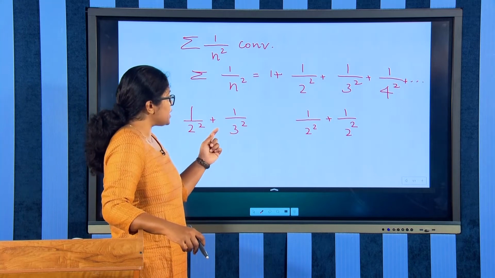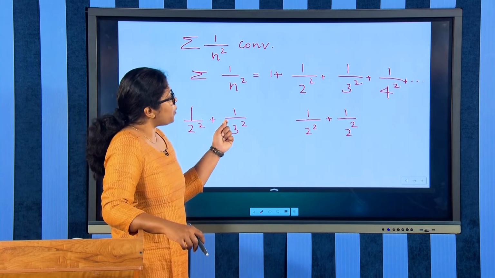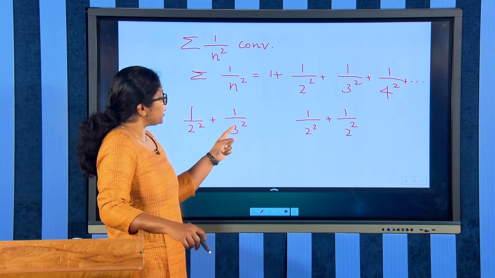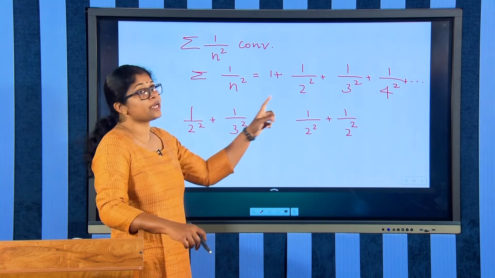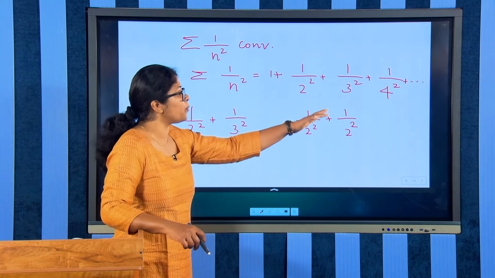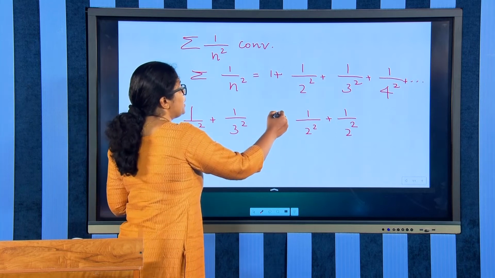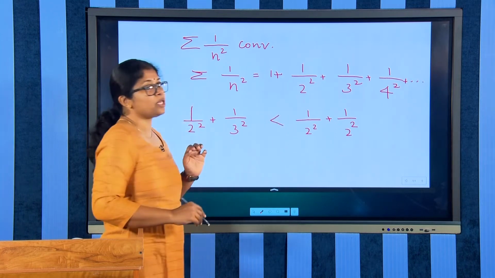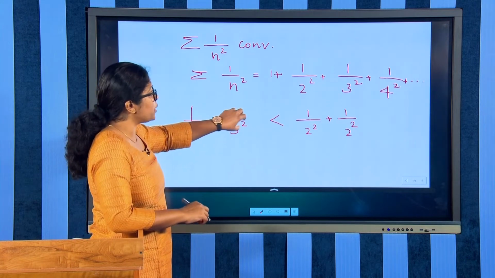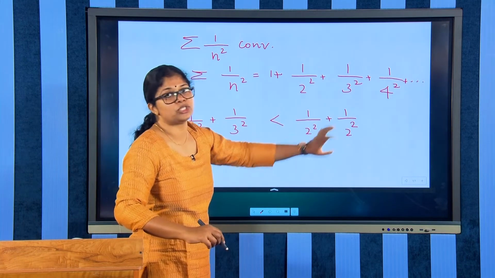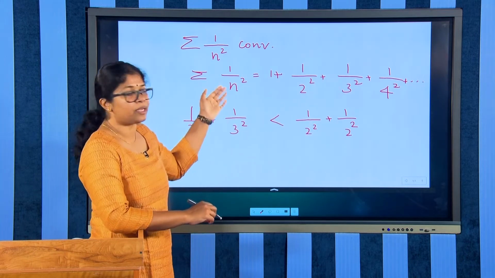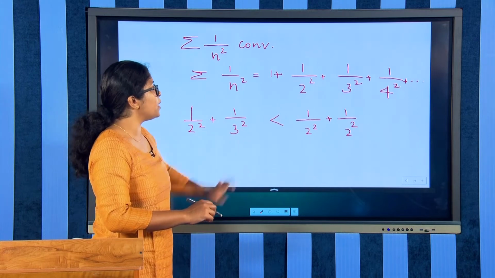The LHS is 1 upon 2 square plus 1 upon 3 square. 3 is greater than 2, and so 1 upon 3 square and 1 upon 2 square gives a less than or equal to symbol here, because this ratio is much smaller than this ratio, because 3 square is larger than 2 square. So when you take the reciprocal, the inequality gets reversed.